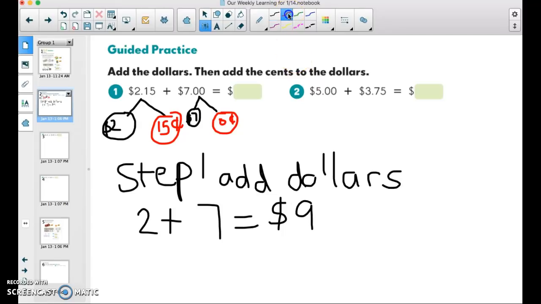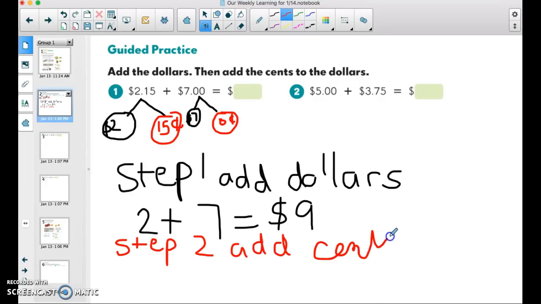Okay. Step number 2. Add your cents. So I'm going to do my 15 plus 0.